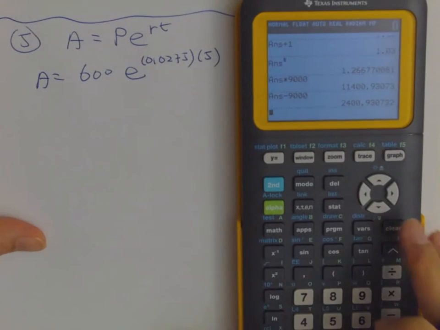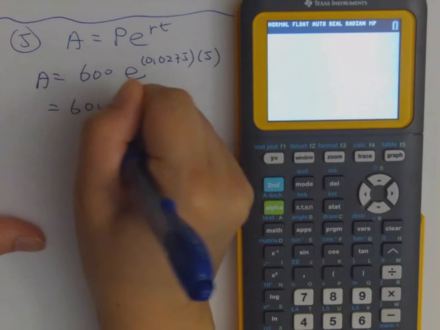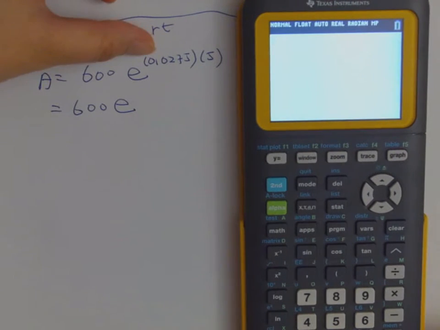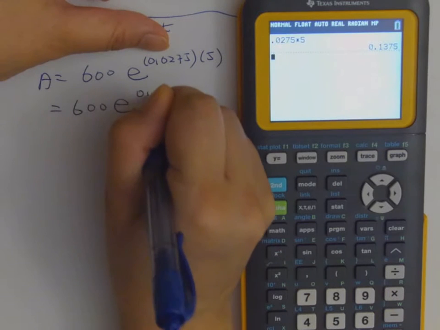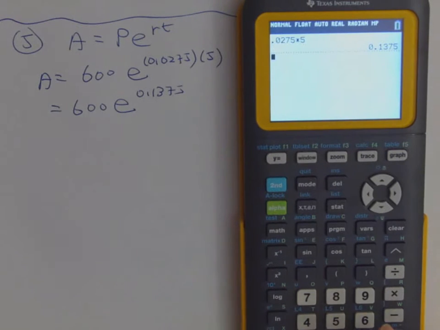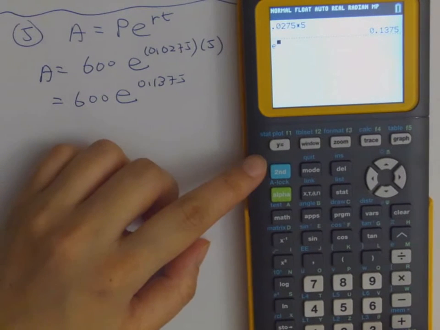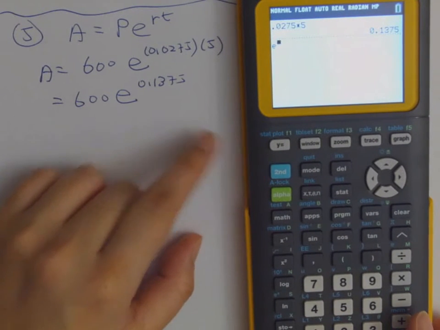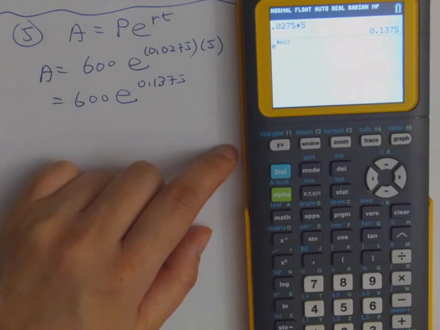Alright, so we're going to use our calculator. Again, I don't really like to put the whole thing in at the same time, so I'm going to take care of the exponent first. 0.0275 times 5 is 0.1375, right? Then I need my e, which is on top of ln, so I use second ln to get the e button. The exponent was my answer, so I can do second answer to pick up that number.